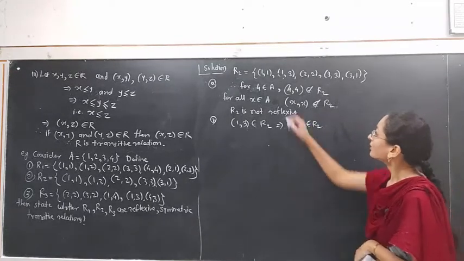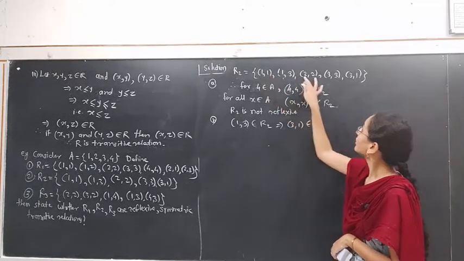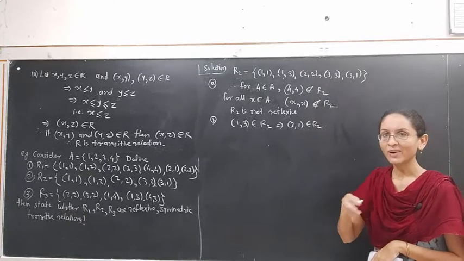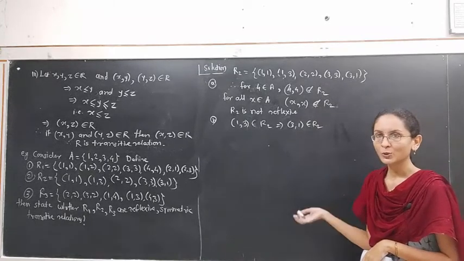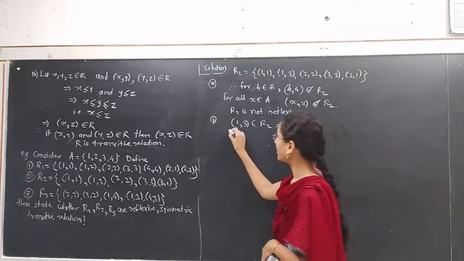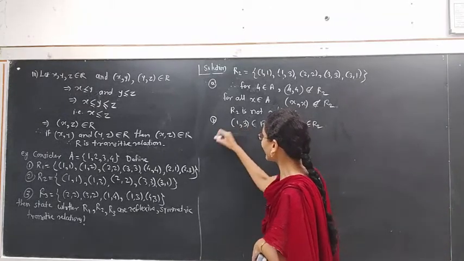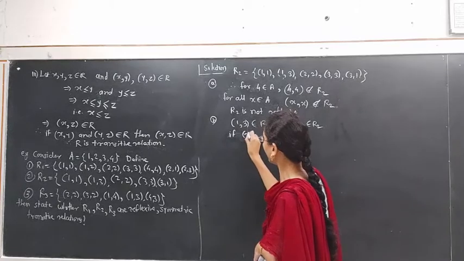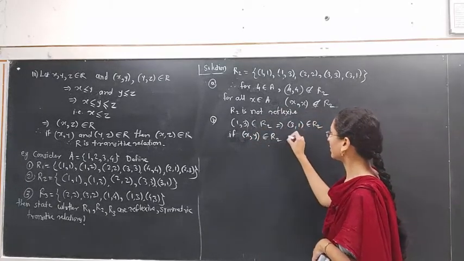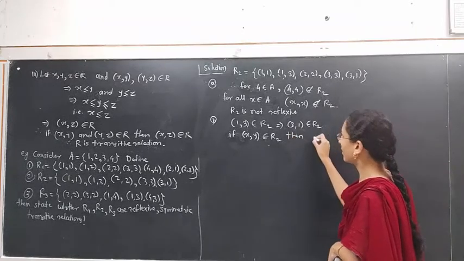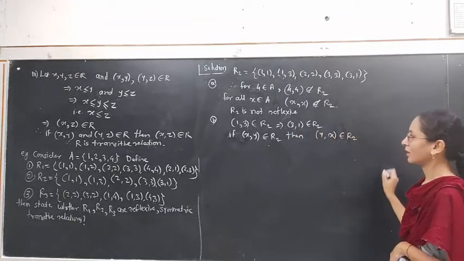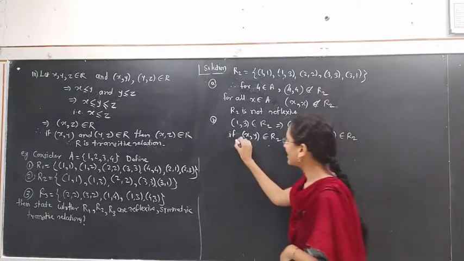Hence, if we consider the ordered pairs (1, 1), (2, 2), (3, 3) as the ordered pair of type (x, y), then the (y, x) ordered pair will be the same: (2, 2), (1, 1) and (3, 3). Hence, the relation R2 is a symmetric relation. Why is it symmetric? If (x, y) belongs to set R2, then we have (y, x) belongs to R2. Therefore, R2 is a symmetric relation.